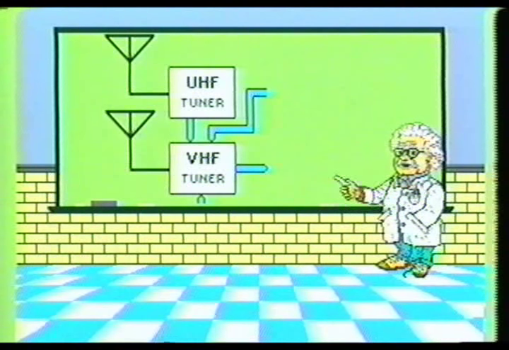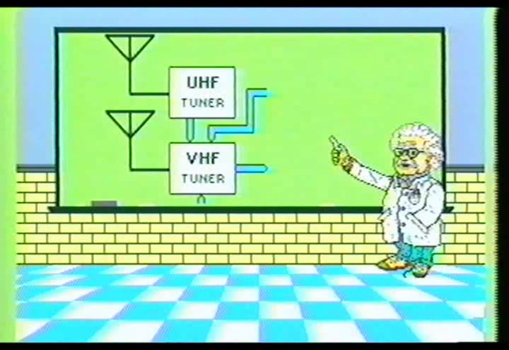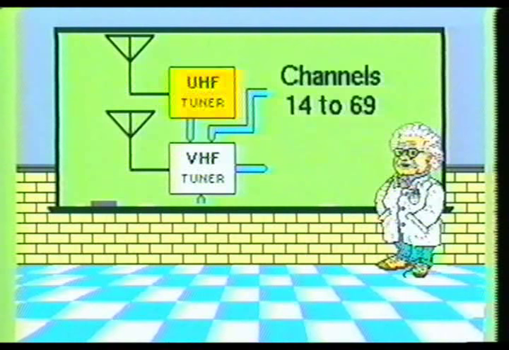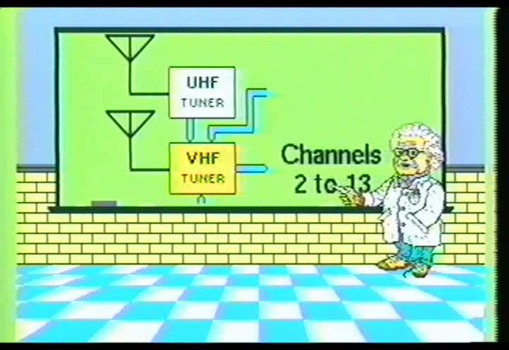The tuner consists of two major sections, the UHF, or ultra-high frequency stage, and the VHF, or very high frequency stage. The UHF stage is designed to receive channels 14 to 69 of the broadcast channel bandwidth. The VHF stage is designed to receive channels 2 to 13 of the broadcast channel bandwidth.